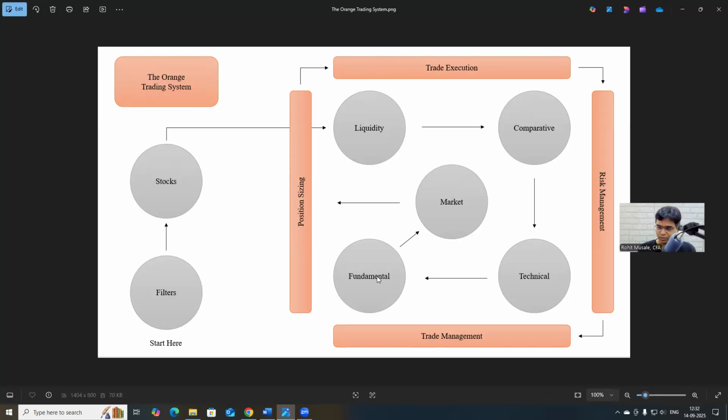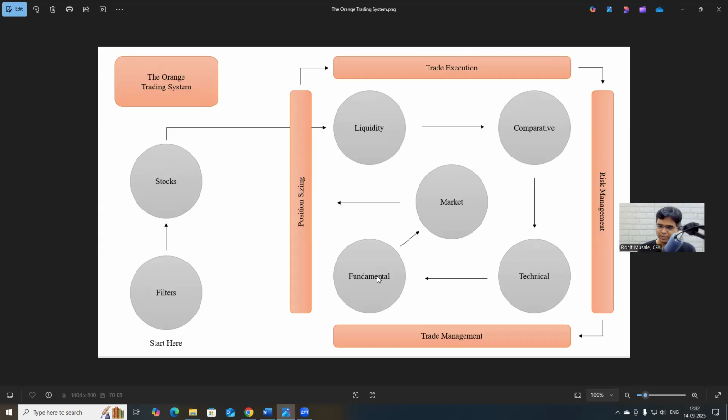Otherwise, why would it have good comparatives, right? So, if people are buying the stock, if the company is fundamentally good, then why is the liquidity low? Why is the liquidity less than 1 lakh shares? Why is it that not more than 1 crore rupees is coming into the stock?